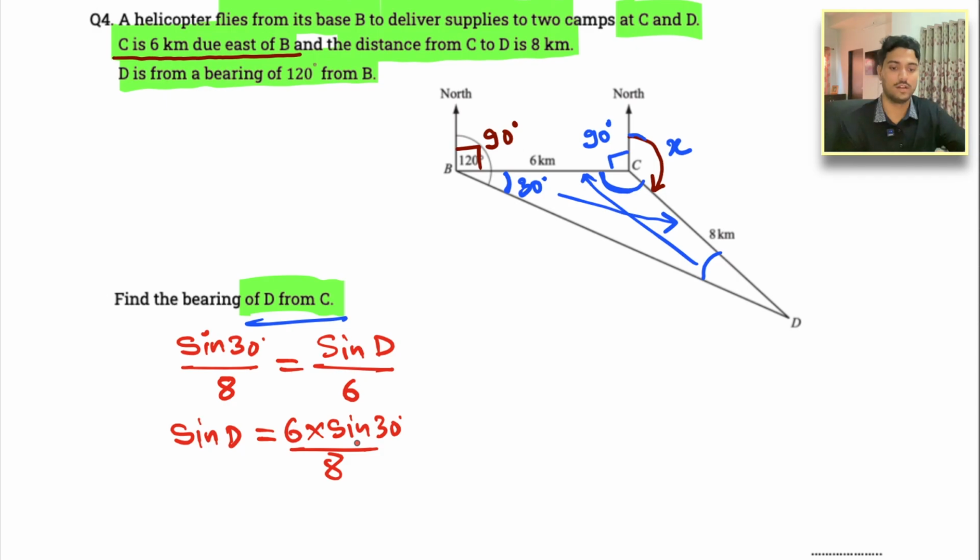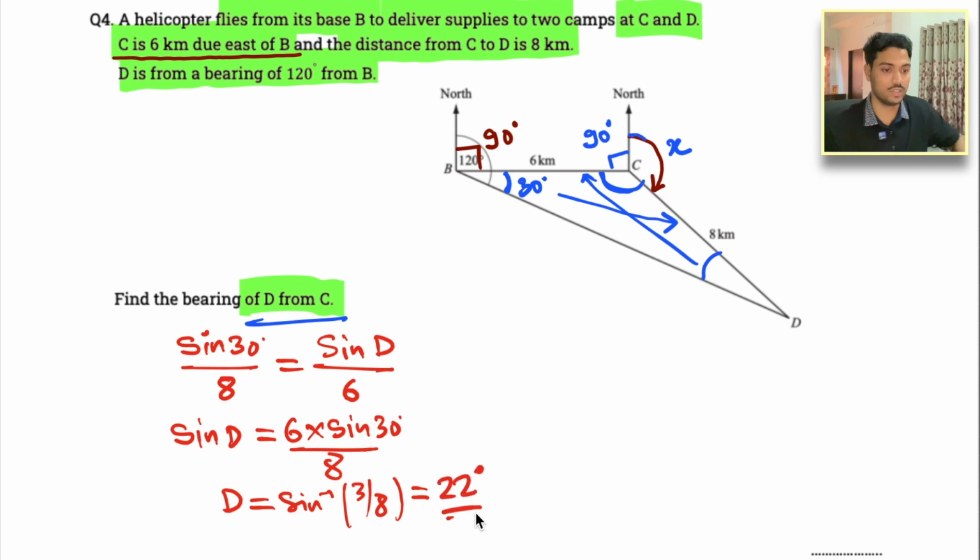Let's calculate that. 6 times sine 30 divided by 8 is 3 by 8. So angle D is going to be sine inverse of 3 by 8, which is approximately 22 degrees. That means this angle D is 22 degrees.